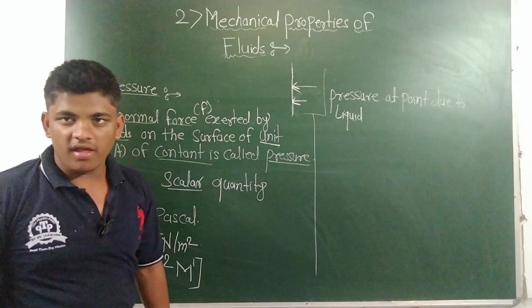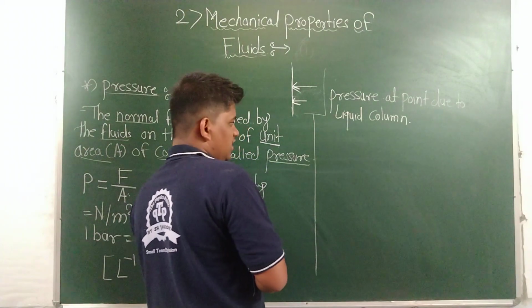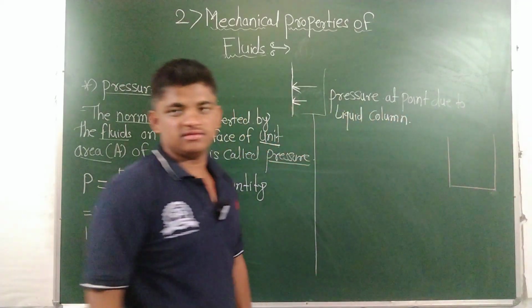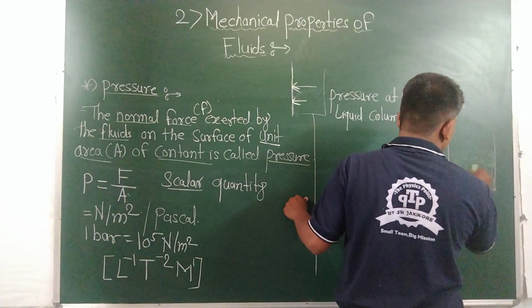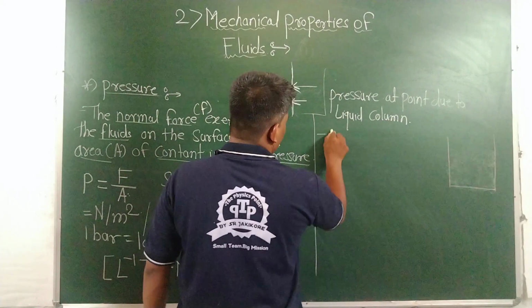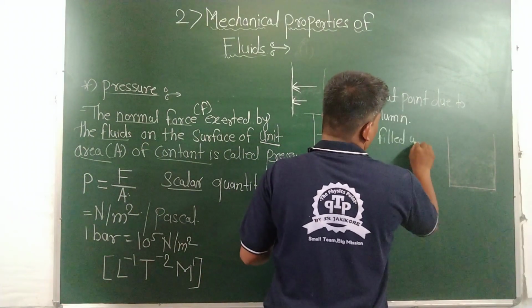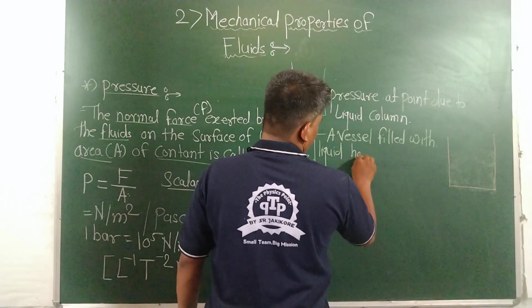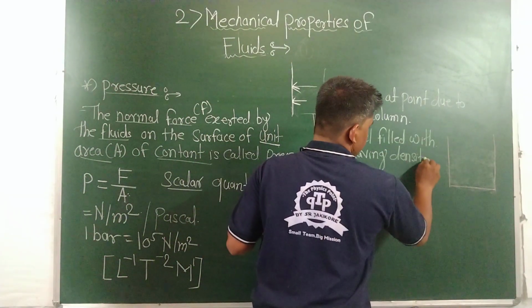Draw one small diagram here and explain it. Consider a vessel filled with a liquid having density rho.